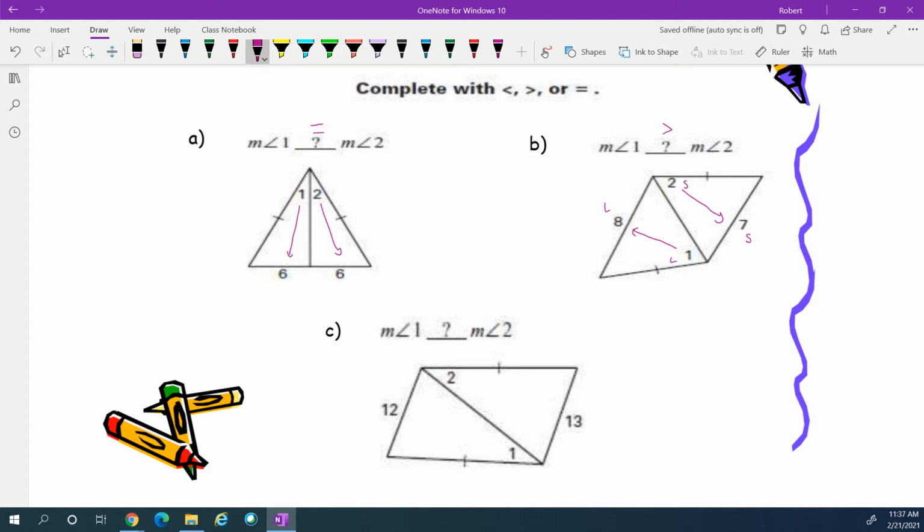And that can let us fill in our less than or greater than symbols. Angle 1 is greater than angle 2. In this last one, angle 1 is less than angle 2. Because angle 1 is opposite to 12, and angle 2 is opposite to 13.